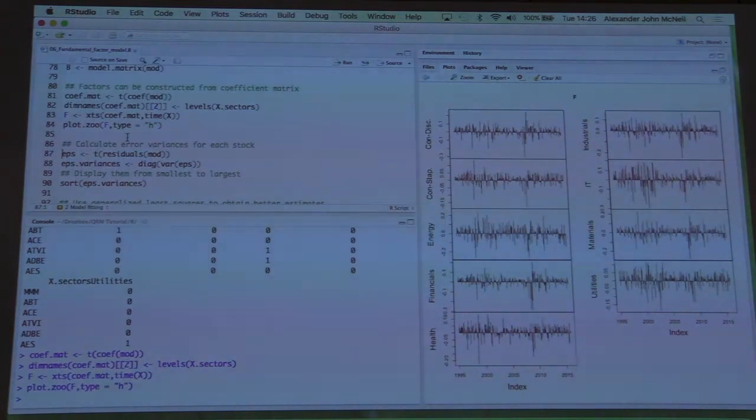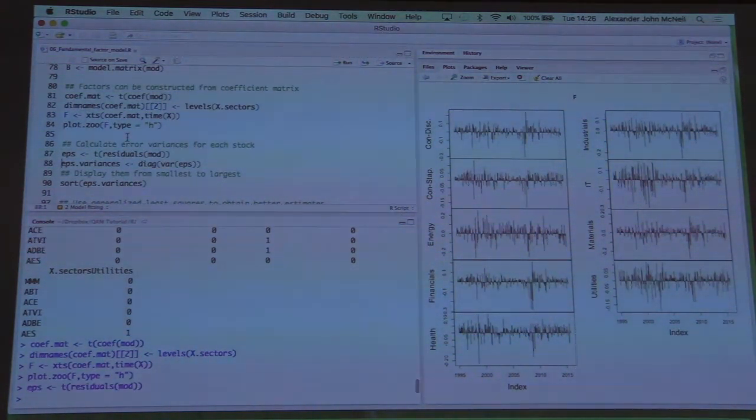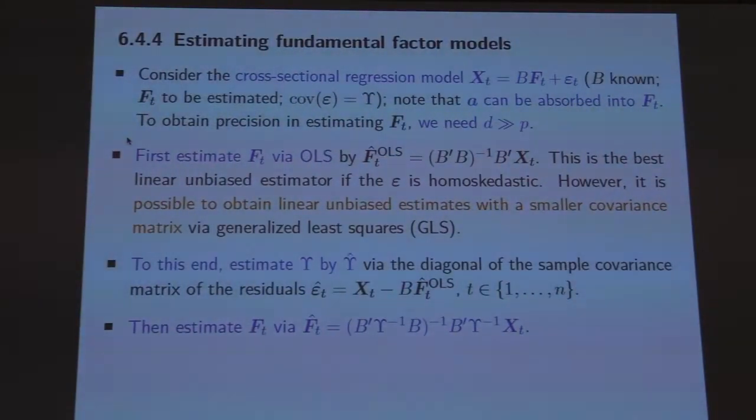The residuals. I can estimate residuals. Going back to the factor model, having estimated F_t, I can then estimate epsilon_t. Those are the residuals. As I've said, the variances are unlikely to be equal. So it's not going to be a situation of homoscedastic errors.